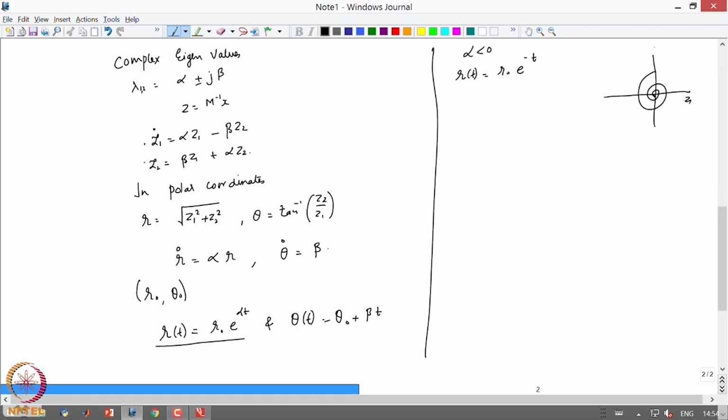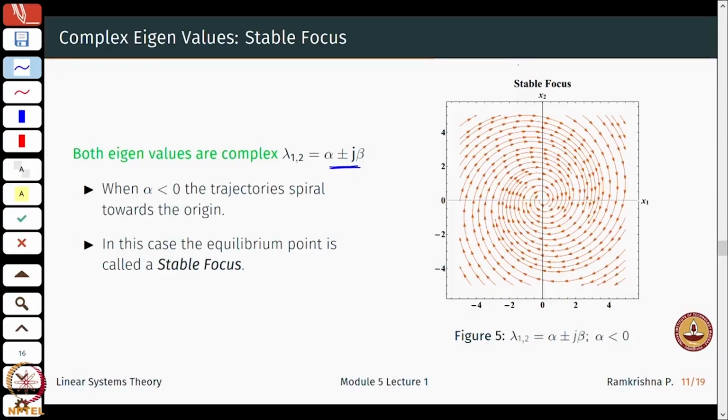It is also obvious from here, right. I start with the initial radius and it will just go spiraling to the origin. Now, back to here. When alpha is less than 0, the trajectories spiral to the origin. In this case of complex eigenvalues, I call my equilibrium point a stable focus.